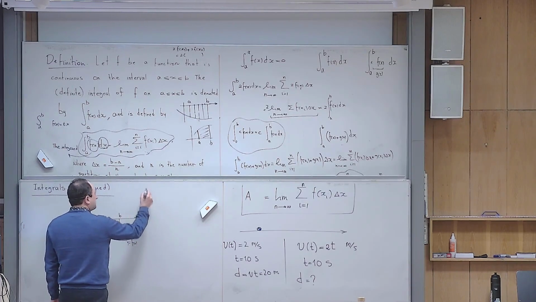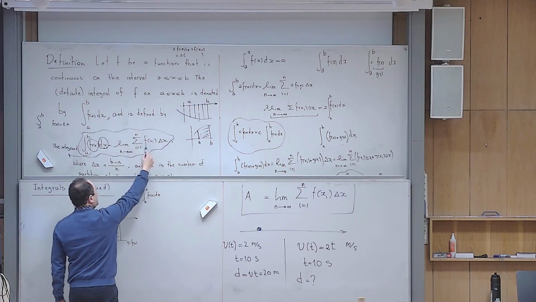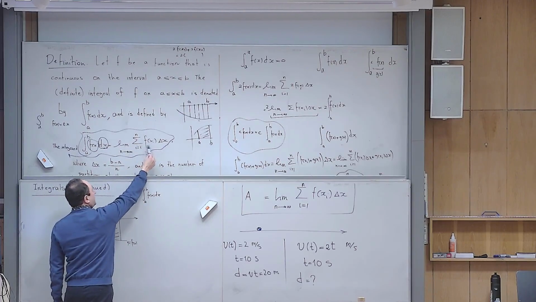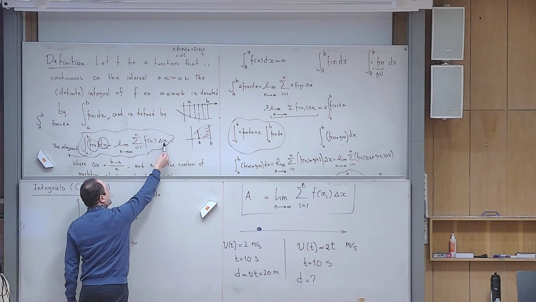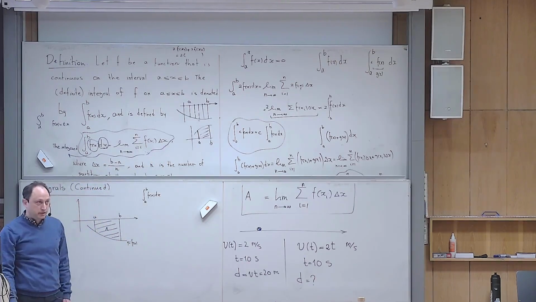Because of this definition, I have to calculate this limit. Let me repeat, delta x is positive. For this case, all f values are negative. So each term is negative times positive, negative, and if I add a bunch of negative numbers it is negative, and when I take the limit, it becomes negative.